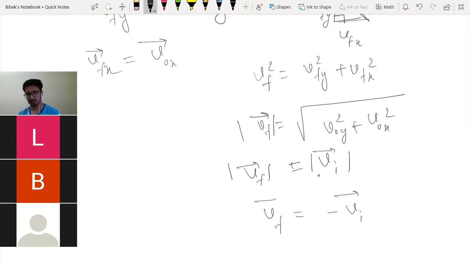So the final velocity is the negative of the initial velocity. That means it has the same magnitude, but the direction is opposite.